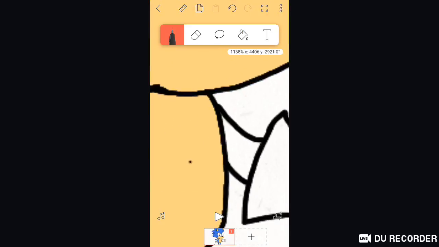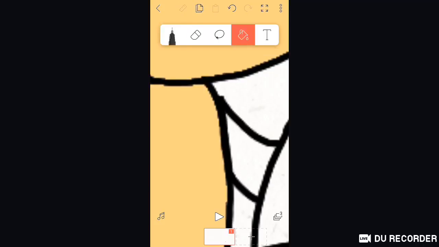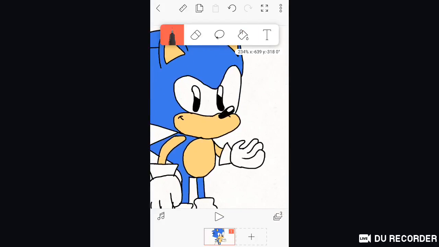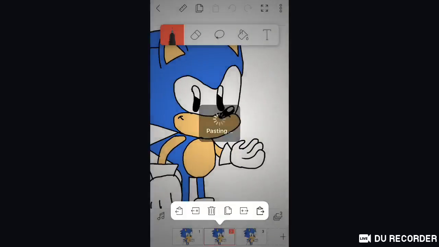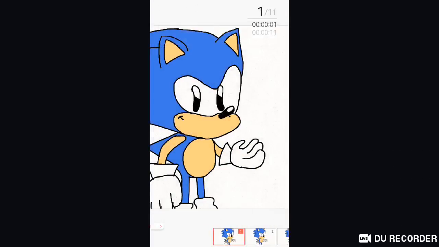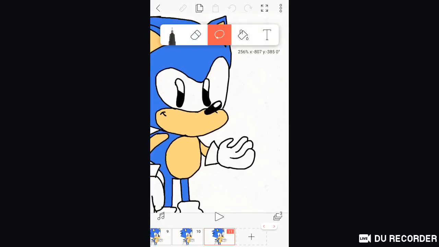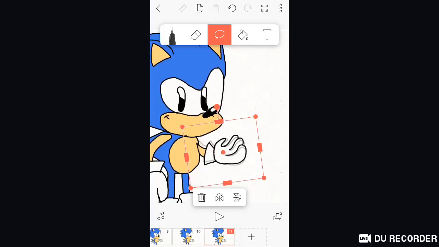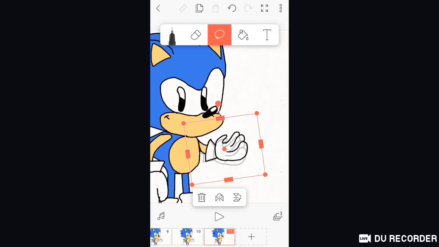Now for the arms, you need to retrace where it is, or else it's not going to fill in. There we go. What I usually do for animating the mouth or arms is put a little bit of extra frames ahead, and then I start moving the arms. The lasso tool helps you maneuver the arms around.